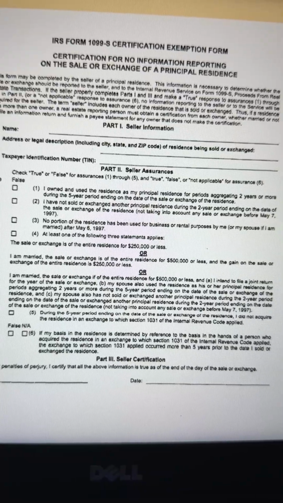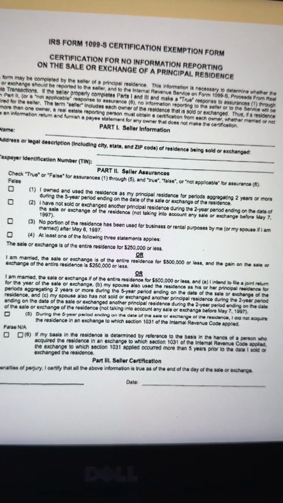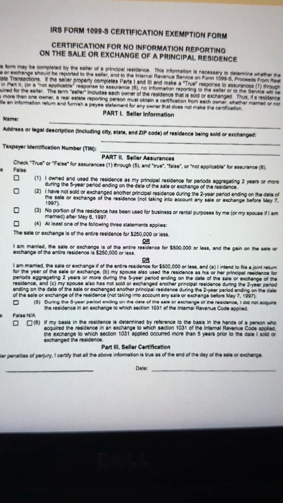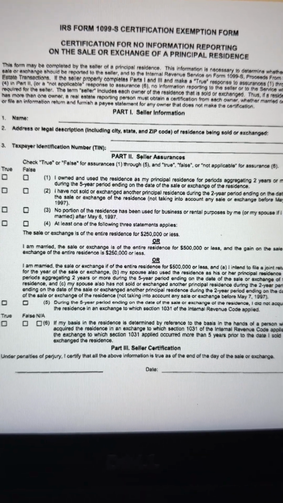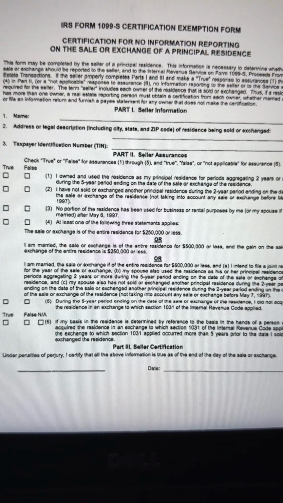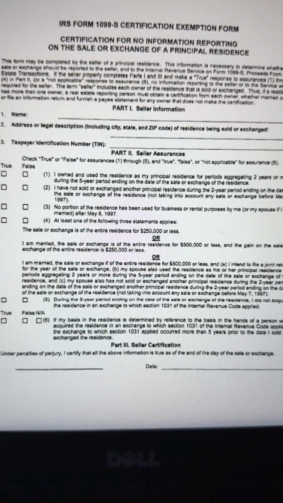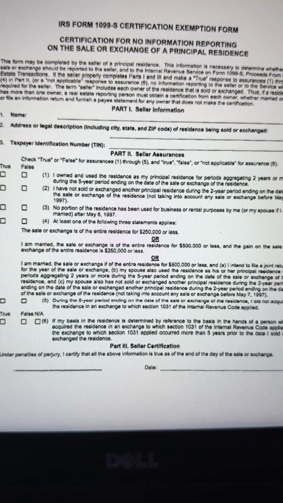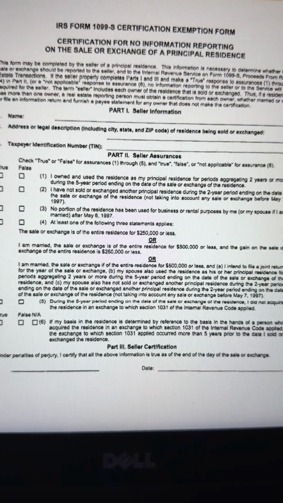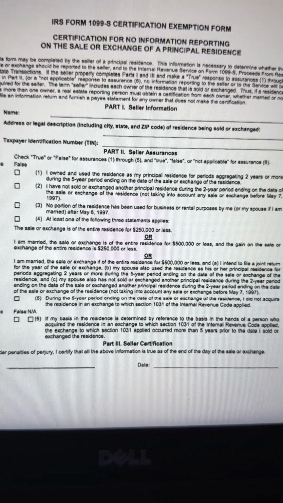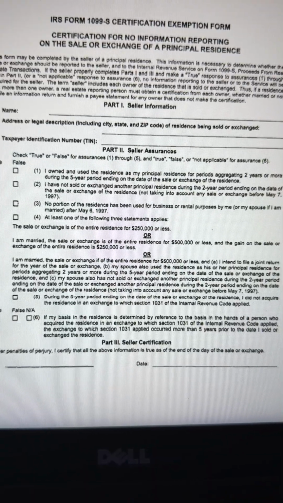The next question goes down to number 5. During the 5-year period ending on the date of the sale or exchange, I did not acquire the residence in an exchange to which Section 1031 of the Internal Revenue Code applied. Most people won't know what 1031 paperwork is. If they purchased this property with 1031 paperwork, then it's going to be false.